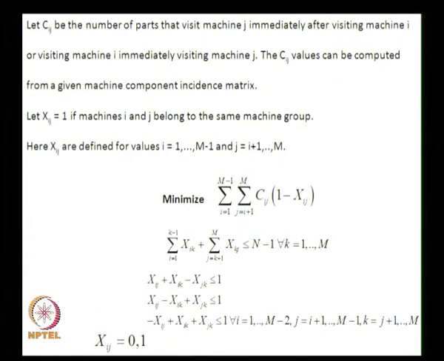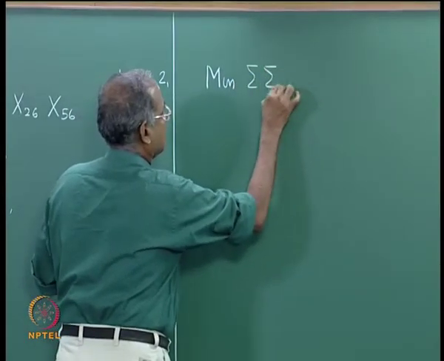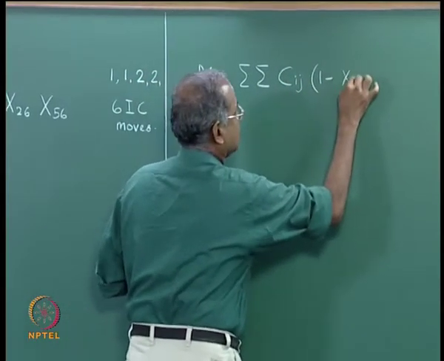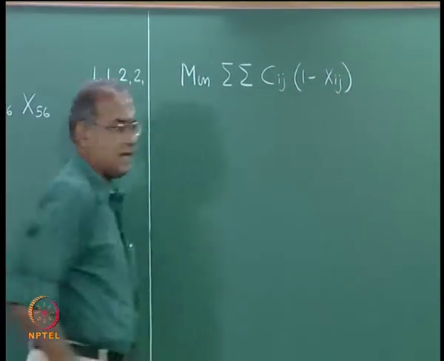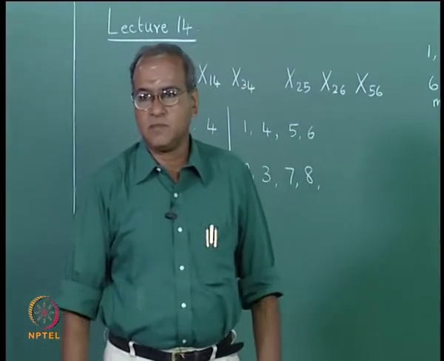The objective function is to minimize Cij into 1 minus Xij. That is the objective function.